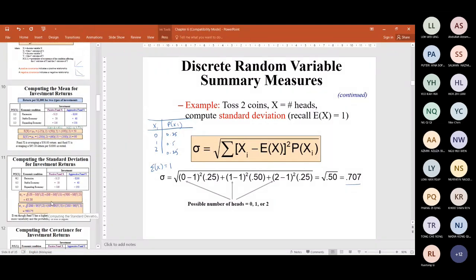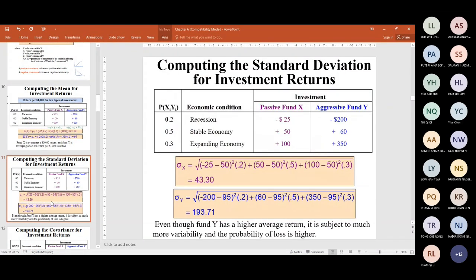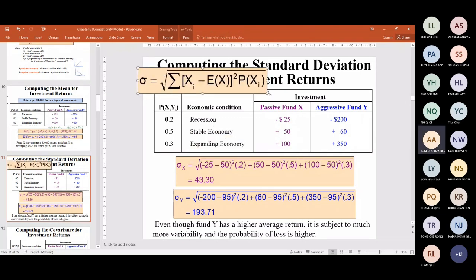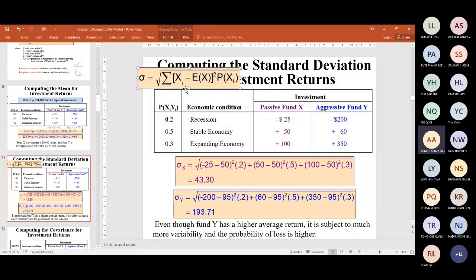The standard deviation formula is the summation of each of your data minus your mean, which we already found just now. Our E(X) is 50 and our E(Y) is 95.